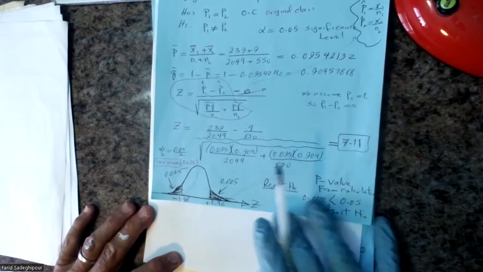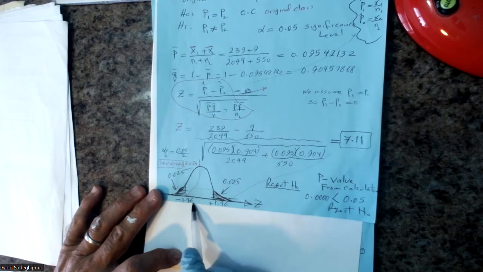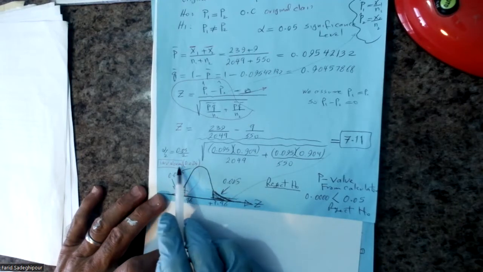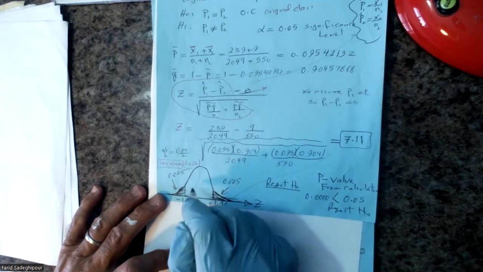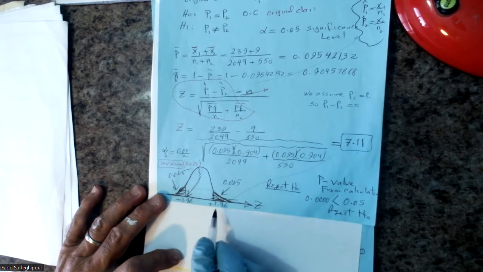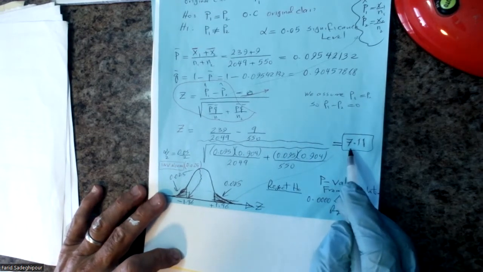Then if the area of each tail is 0.025, what is the value of Z? Inverse norm, remember, inverse norm 0.025 gives you the value, which is what? Minus 1.96, and this one is positive 1.96. So where does 7.11 fall?